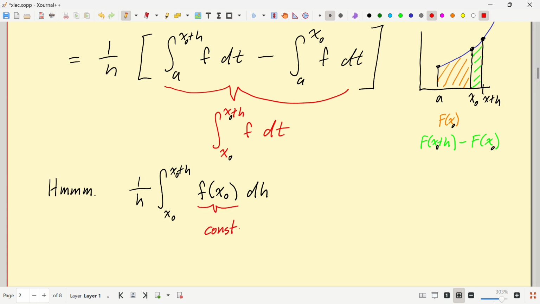And of course, when you integrate a constant over a little interval, that's the height times the width of the interval. That would be equal to 1 over h times f of x naught, the constant, times h, that's the area of that box. And the h's cancel.